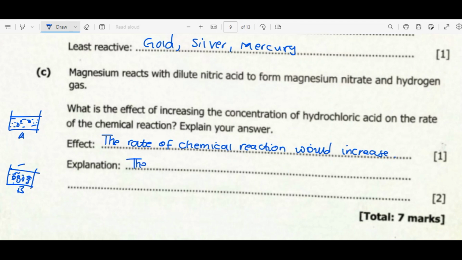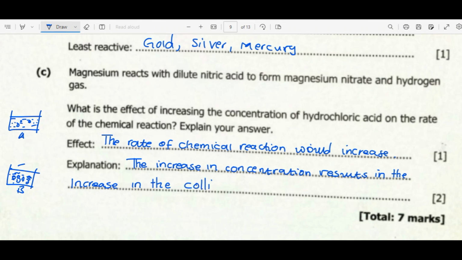So say the increase in concentration results in the increase in the collision effect.